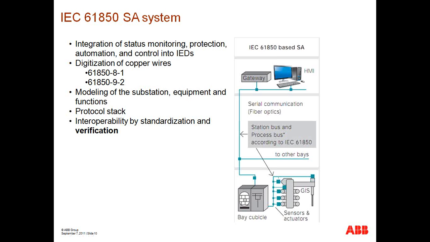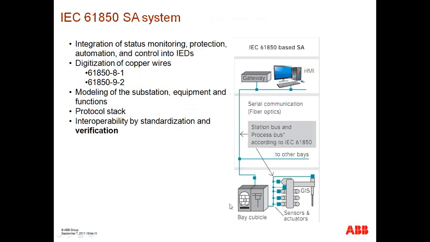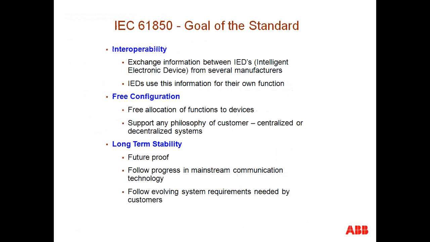What the process bus essentially is: the wiring in this slide between current transformers and voltage transformers and the relays, which is hard copper wiring, is now replaced by fiber optic connections that carry both the current and the voltage information for the IEDs to perform their desired function, whether it's monitoring or protection.